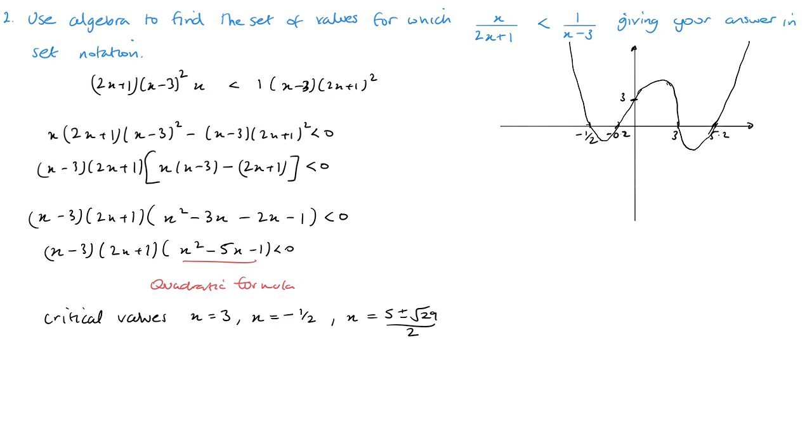So we want when the graph is less than 0, so when the graph is below the x-axis. So our values are that x is between 5 minus root 29 over 2 and minus a half, or between 3 and 5 plus root 29 over 2. Obviously this asks for it in set notation.